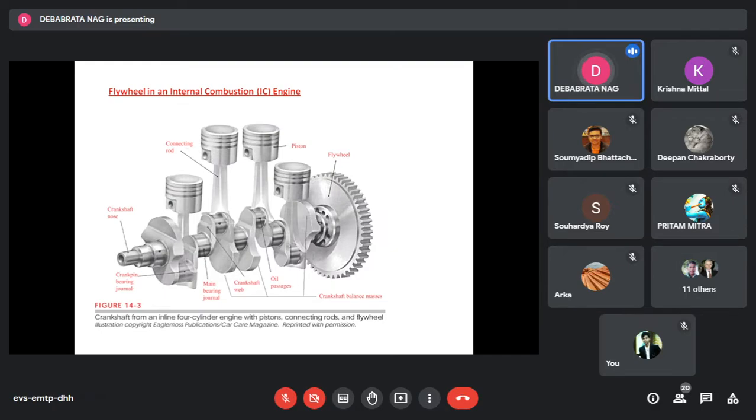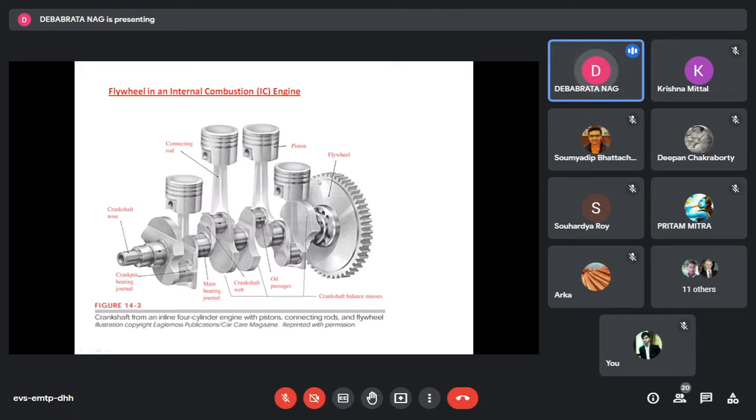So this is a typical diagram of a multi-cylinder engine. There are 4 cylinders. We'll talk about it in detail in our 3rd year class in dynamics of machines. We are not going into detailed discussion of it, but just see, this is called the multi-cylinder engine, within bracket you can write it is a 4-cylinder engine. It can be a diesel engine or it can be a petrol engine.